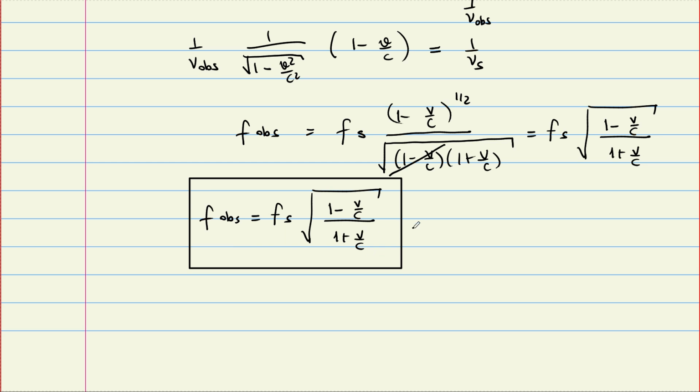Now let's calculate if it's redshift or blueshift. 1 minus v over c is something less than 1, and you take the square root, so this is going to decrease the source frequency. And 1 plus v over c, but this is 1 over, this is also going to decrease. Then f observed is going to be less than f source.